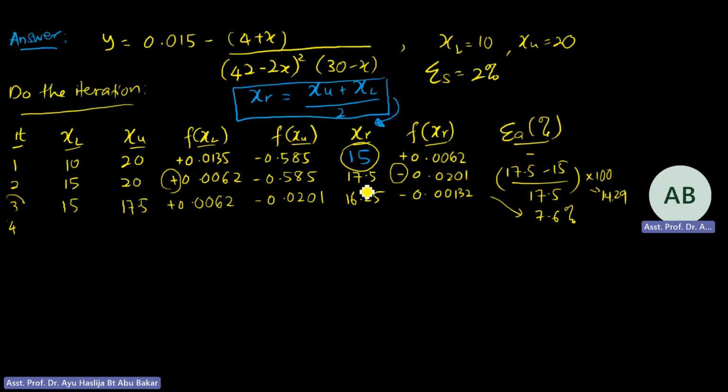Now the new XR will be the new XU because FXL, FXR multiply, you will get negative. So the XR will be the new XU.